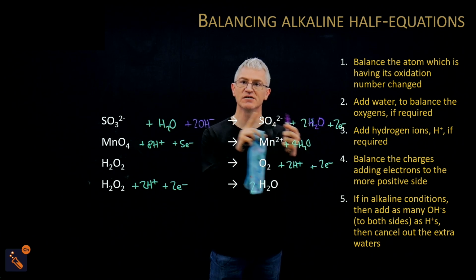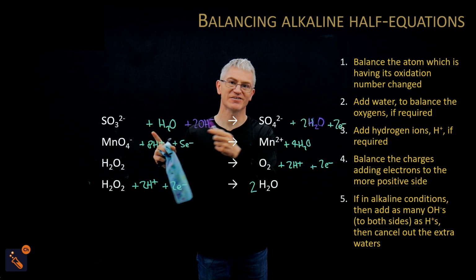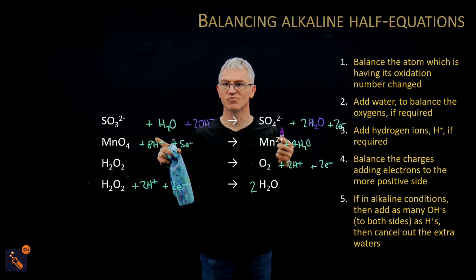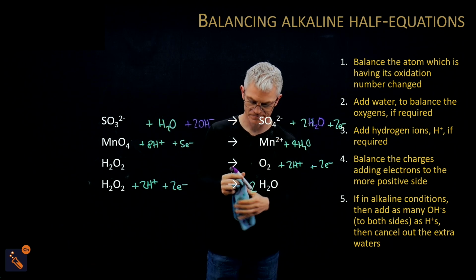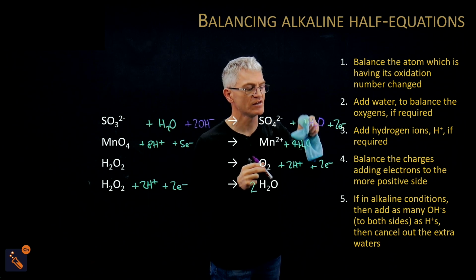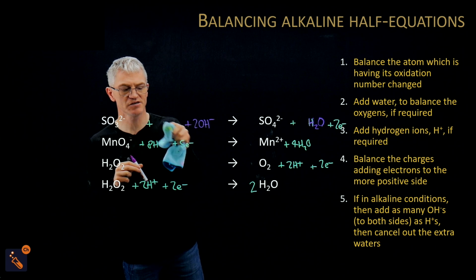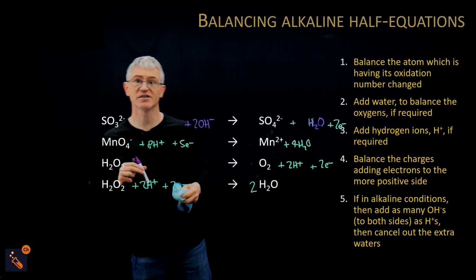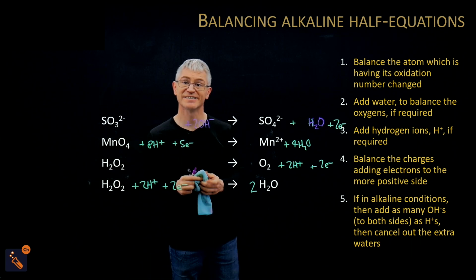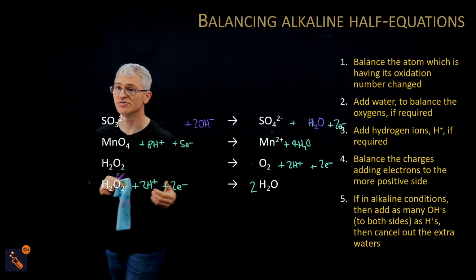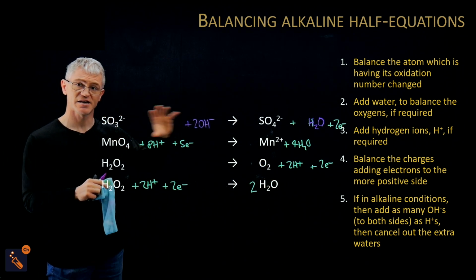There's 2 waters here and 1 water here. Well, I can't have water on both sides, so that water will cancel out 1 water on that side. So what I do is I cancel out one of the waters. I cancel out this water here. And I have turned it from an acidic half equation to an alkaline half equation.